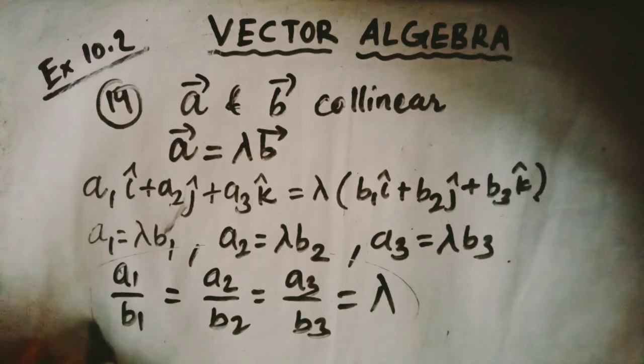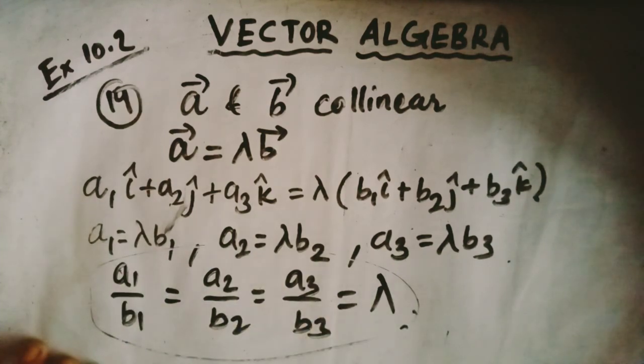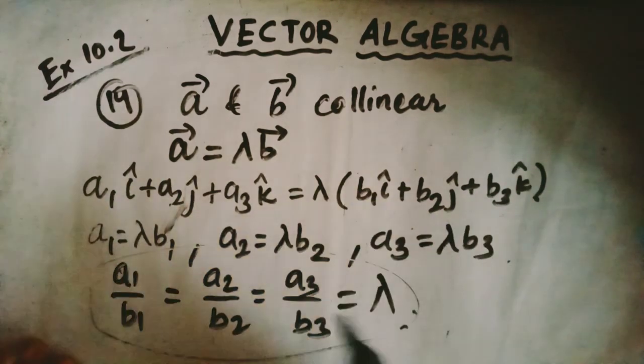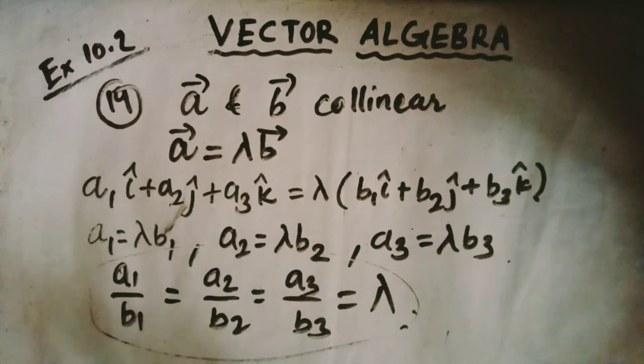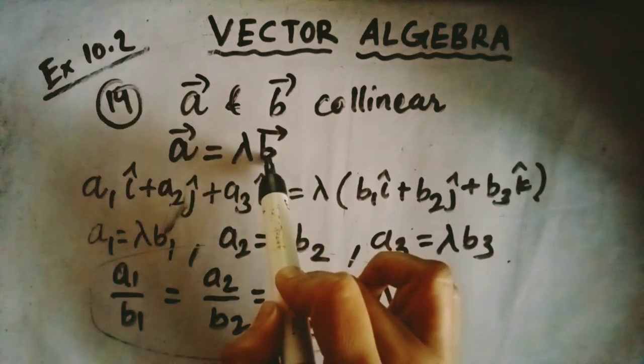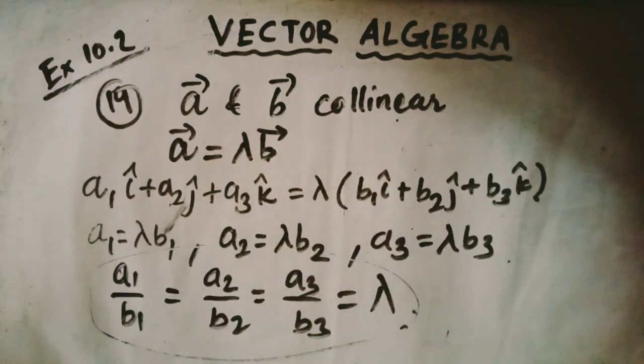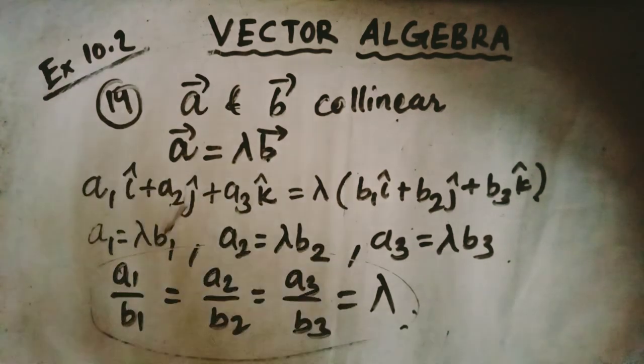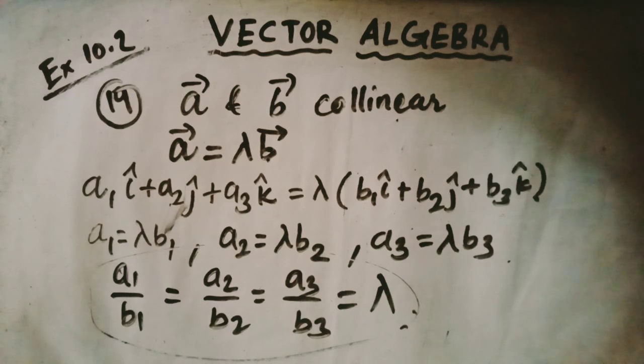This shows that the components of a and b are proportional if they are collinear. The question was to identify the incorrect option. b equals lambda a is correct. a equals plus or minus b is correct because lambda can be plus or minus 1. The respective components of a and b are proportional, which we have proved.